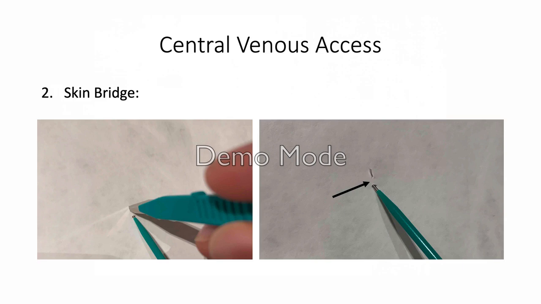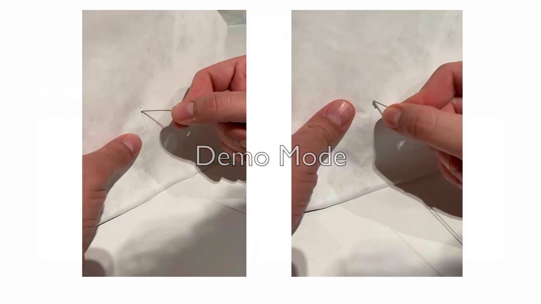The problem with that is, whenever you insert a dilator in the presence of this skin bridge, you will push the dilator against that skin, and this will destroy the tip of the dilator, and eventually it will kink your guide wire. What do you need to do? Just cut down again the skin bridge.